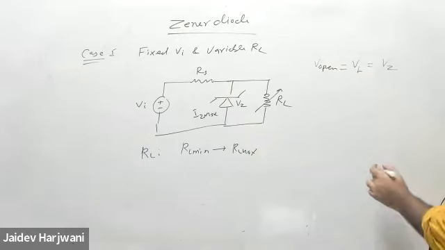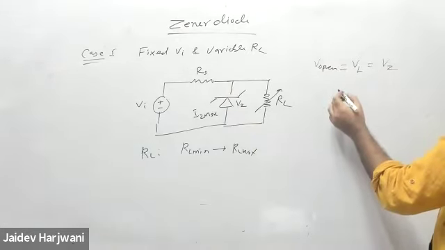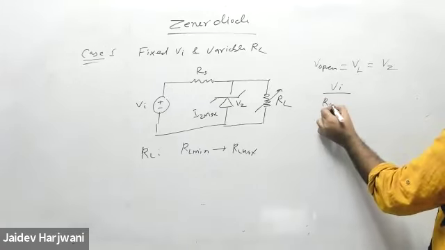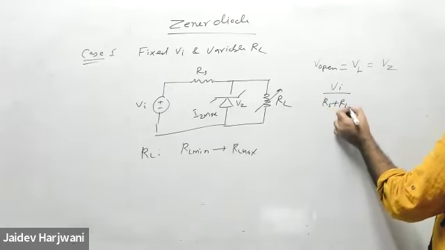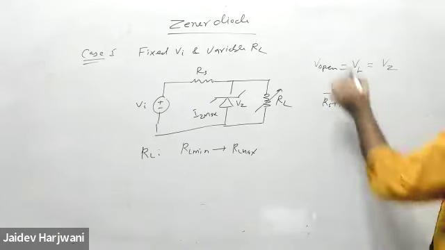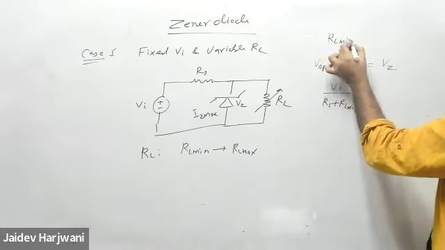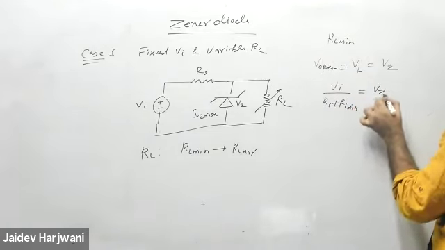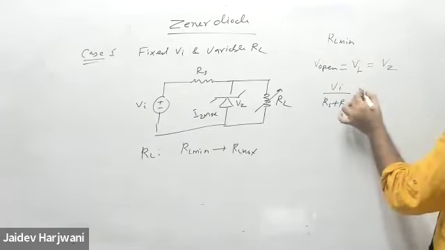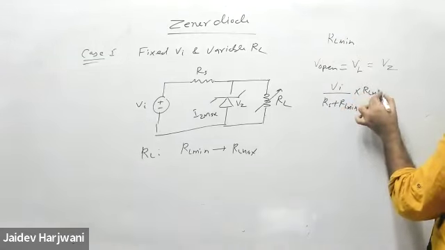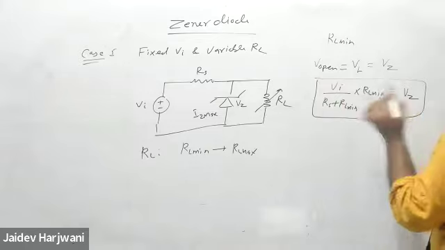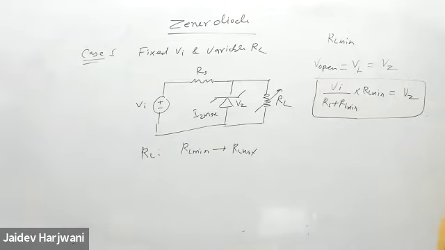Now V load is equal to VI upon RS plus RL minimum, into RL minimum, equals VZ, and from this equation I can find the value of RL minimum.